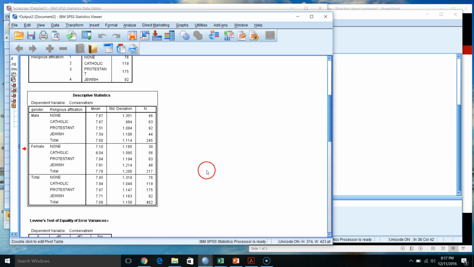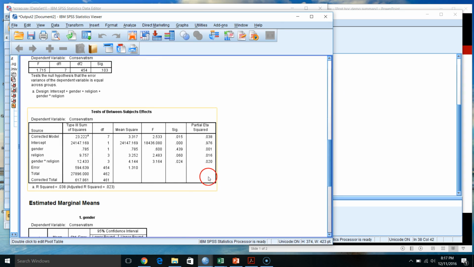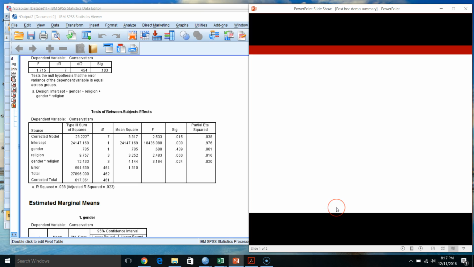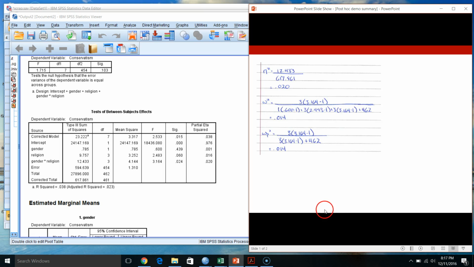Okay. So, what we want to do now is we have to identify, first what we should probably do is go through, calculate some effect sizes. So we've got partial eta squared, but remember we can calculate eta squared and omega squared and partial omega squared. If we go up and we do that, we can lay those out here. Again, eta squared, remember, is the proportion of variability in these data that's attributable to the effect.